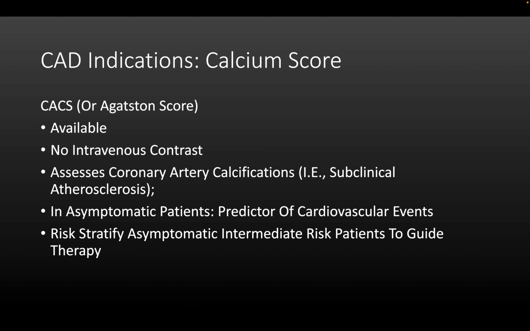Before doing the CT angiography, sometimes we would do a calcium score, which is a native CT without any contrast, in order to see whether there is calcification or not, and if yes, how much, because this will guide the management of those cases.